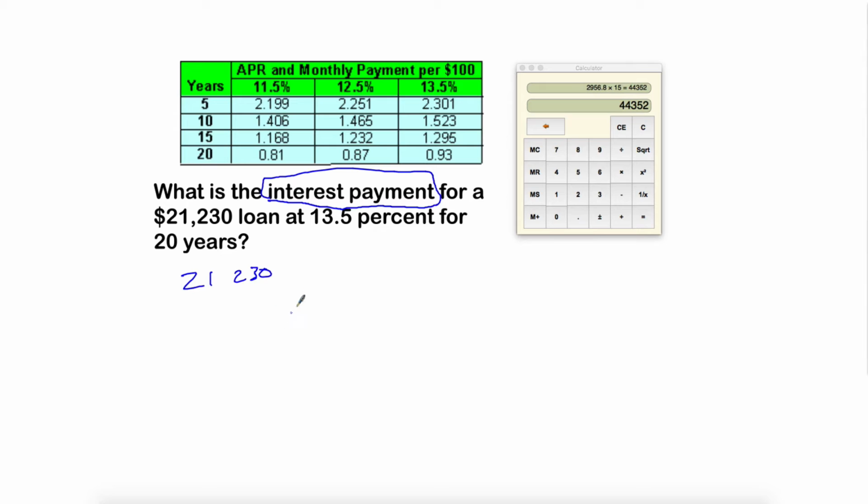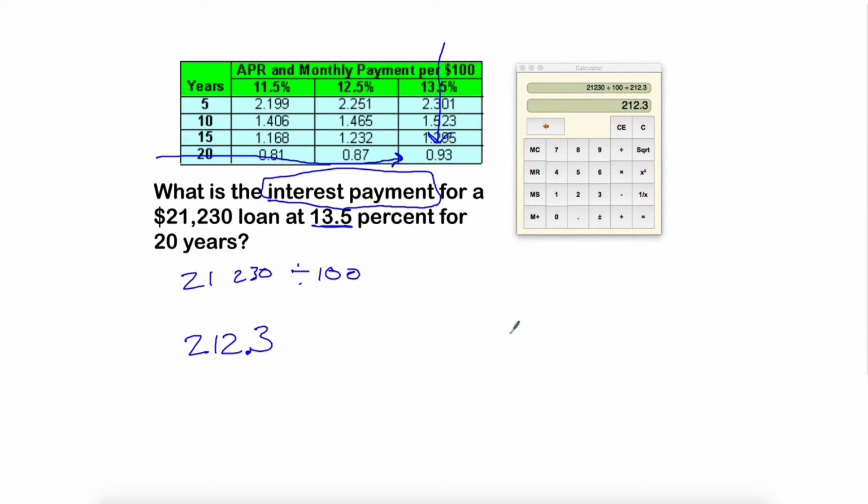So we take 21,230 divided by 100. And our new number is 212.3. So we're looking at 13.5% for 20 years. So 20 years, 13.5%.